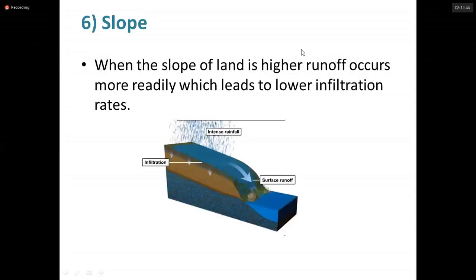The next factor is slope. When the slope of land is higher, runoff occurs more readily, which leads to low infiltration rates. So your land may be flatland or sloping land.